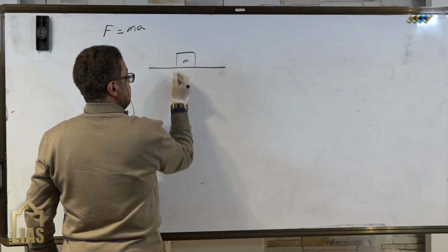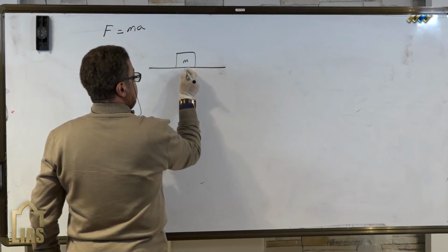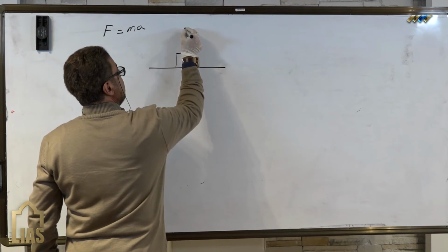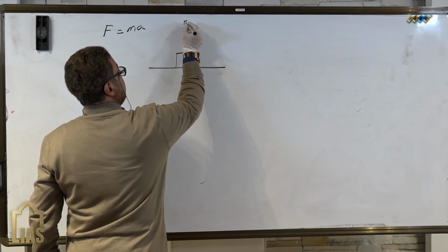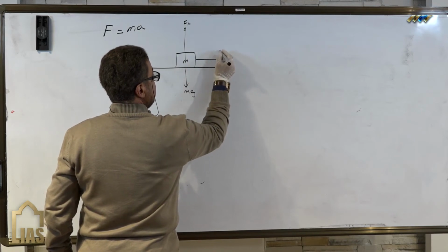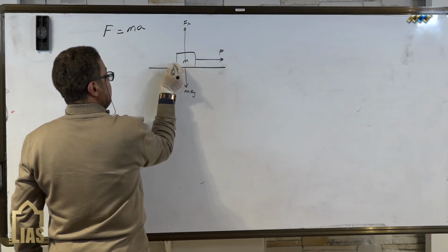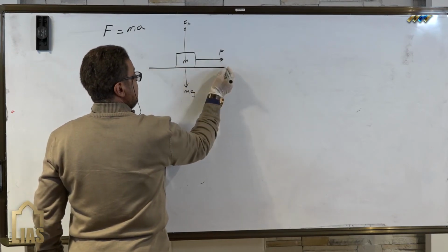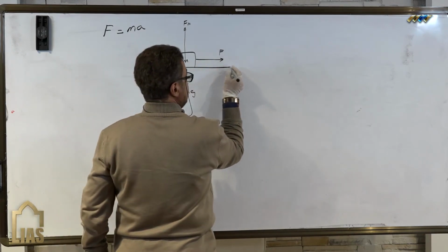Let's see this mass here, with mg and Fn. This is F, and here there is no friction, frictionless.